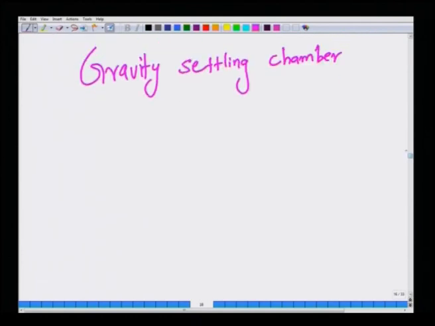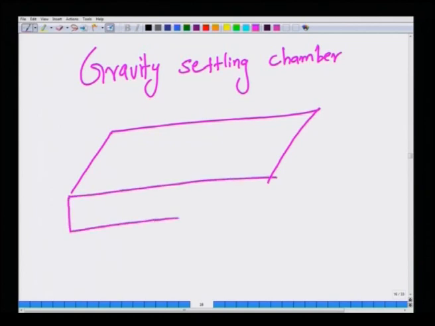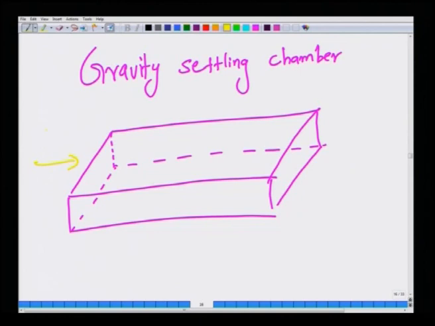Essentially, you have a box, a channel, through which you have flow of a particulate. This is like a suspension of solid particles that are suspended in a fluid, and the flow rate is q.